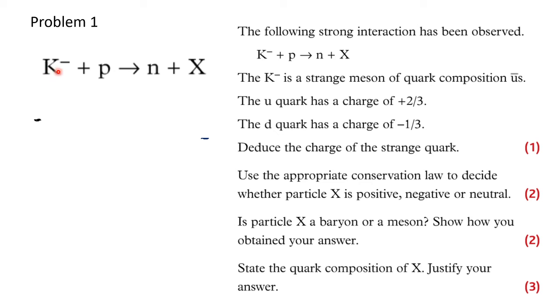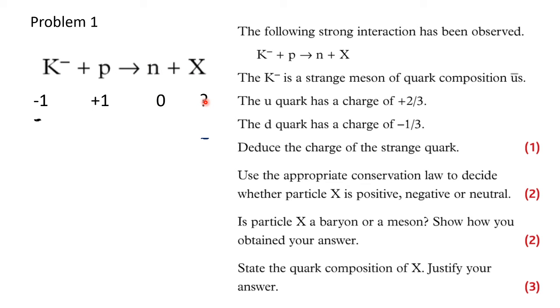K minus is a strange meson, its composition is given, u bar s, right? And the charge of K minus is -1. This is a proton, you must know it, it will not be given, and its charge is +1. And the neutron charge is 0.